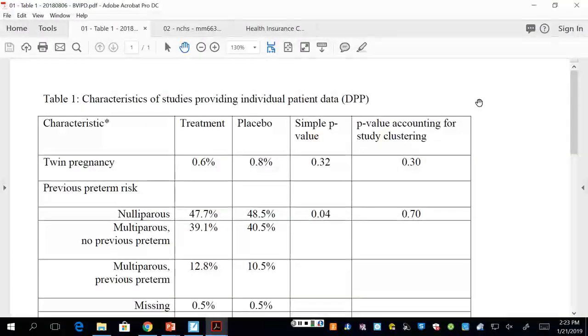One project, this should not say DPP, it's a different study, but one study that I've been involved in that's kind of ongoing is to look at the impact of treatment with antibiotics of a condition called bacterial vaginosis. It affects women in pregnancy and is associated with preterm birth.